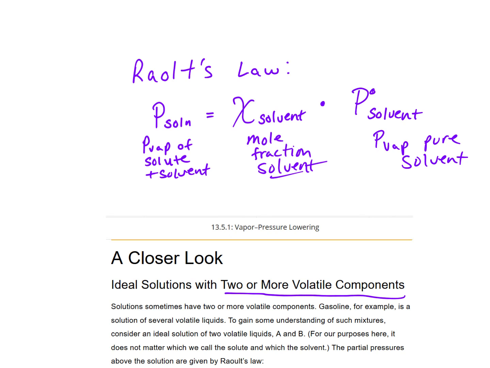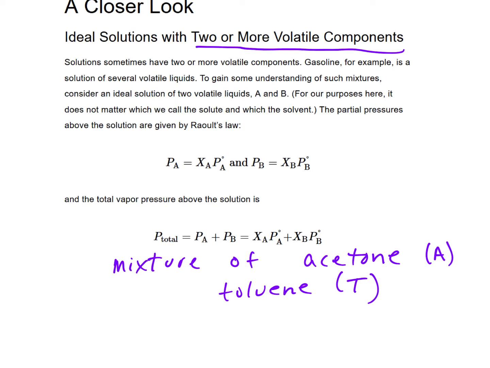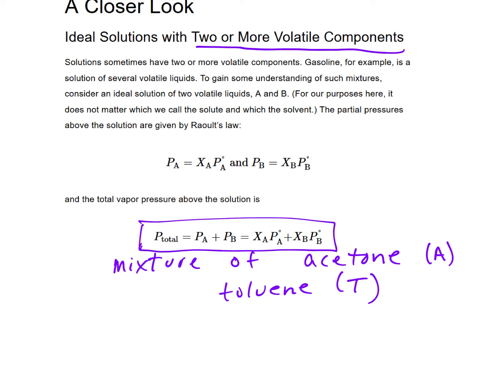Okay, so now this is for if you have a non-volatile solute. If you have a mixture with two volatile components or more, we end up with this equation. Let me just highlight the important part here.